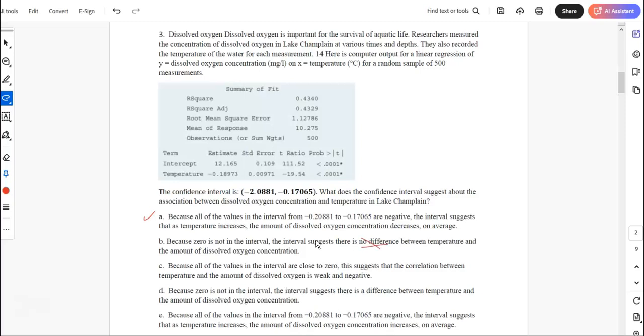We're looking at a slope, so I don't think that's right. Correlation, because it's close to 0, I think you're confusing correlation with this, which is different. Because 0 is not in the interval, there's a difference. That doesn't make sense. Because all the values are negative, the interval suggests as temperature increases, the amount also increases. That would be a positive slope. I don't think that's it. So it was the first one. Sometimes you just have to read all of them, just to make sure there's not something you missed in that first one.